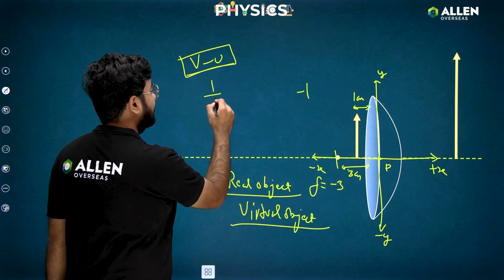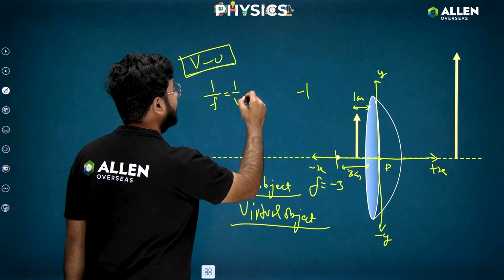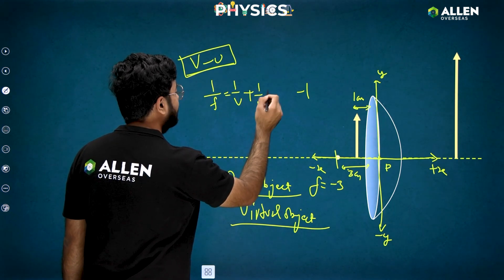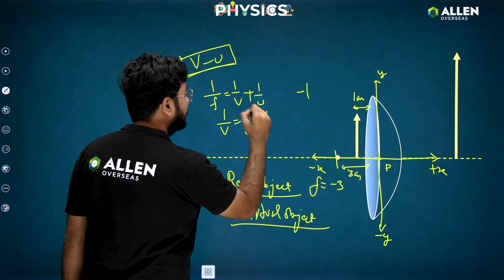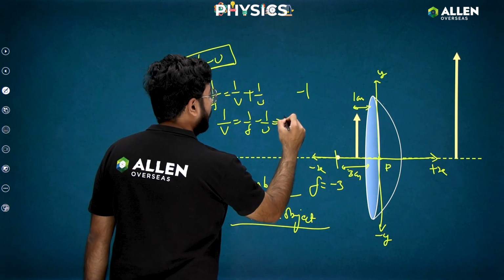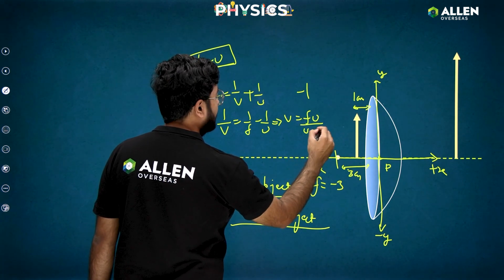So let us begin with the mirror formula. 1 by f is equal to 1 by v plus 1 by u. So 1 by v is equal to 1 by f minus 1 by u, or v will be equal to fu over u minus f.